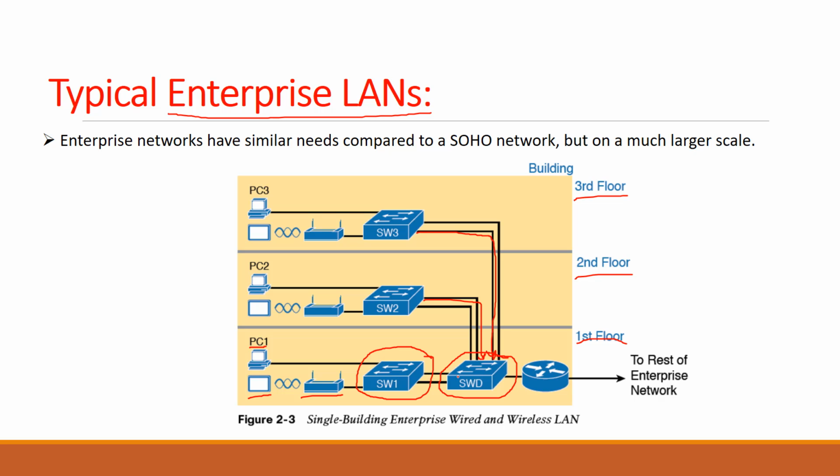For this demonstration, we just need to understand that access switches on each floor can be gathered together through a distribution switch and then connect to a router and then to the rest of the enterprise network. After you do this, all the hosts on each floor, the PC and the tablet, can communicate with the PC and tablet on the second floor, and similarly on the first floor. They are all in the same network, so they can communicate with each other.